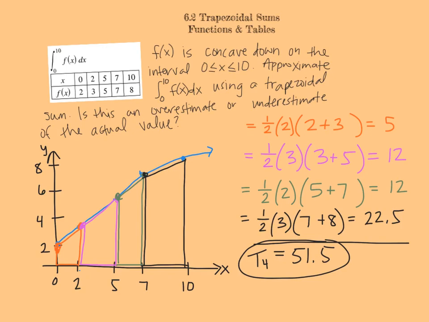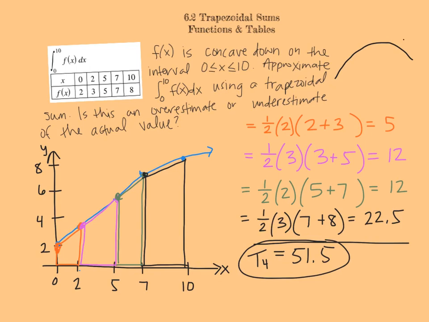Now we want to know, is this an over or under estimate? Now you can't go by my drawing that well just because I just sketched it very quickly on this app and it doesn't look wonderful. But since we know something's concave down, if we were to draw something that's concave down, in general it looks like that.